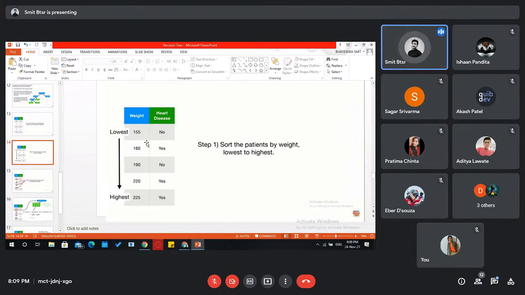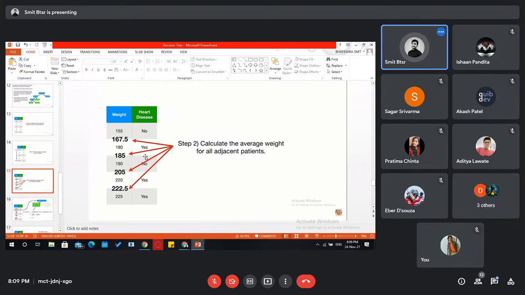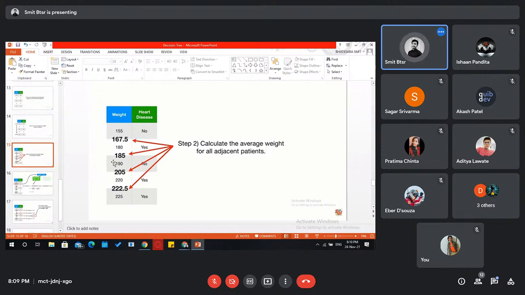But after sorting, we might have a lot of rows, so we just have to make ranges. These ranges would be text as questions. So we will see how it will work. Just remember that we first sort the data and we make ranges.